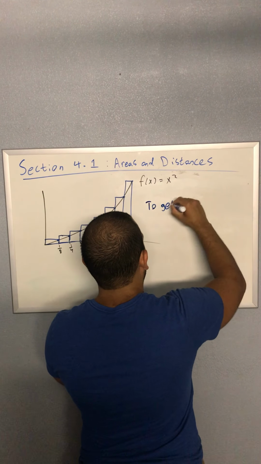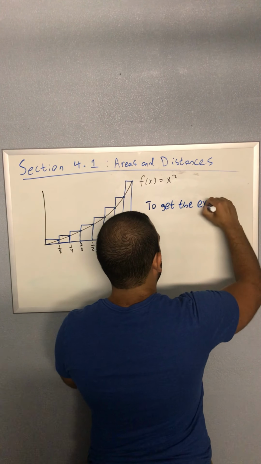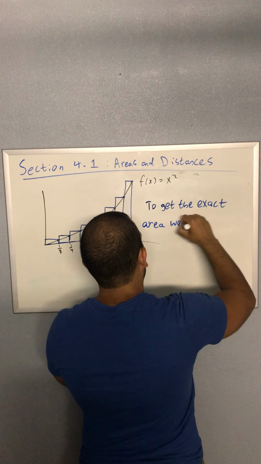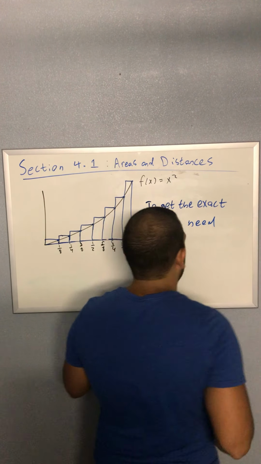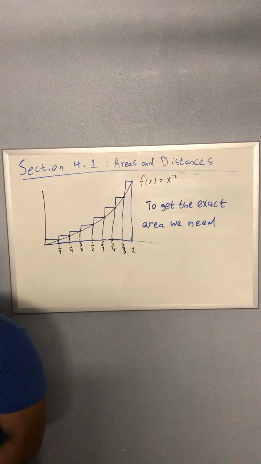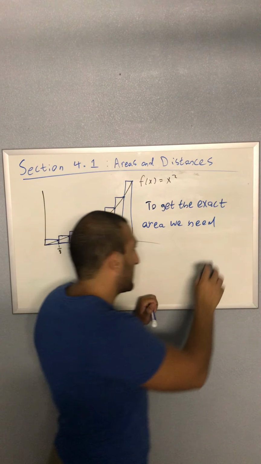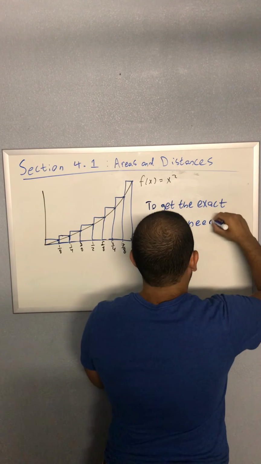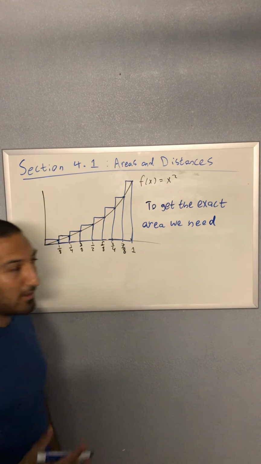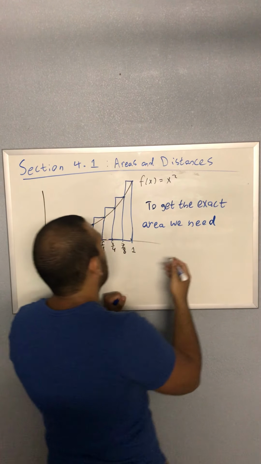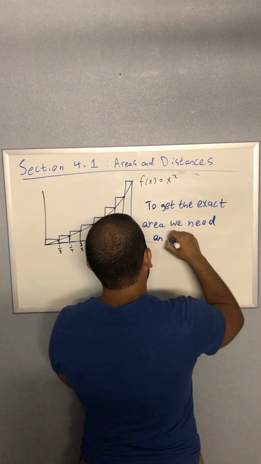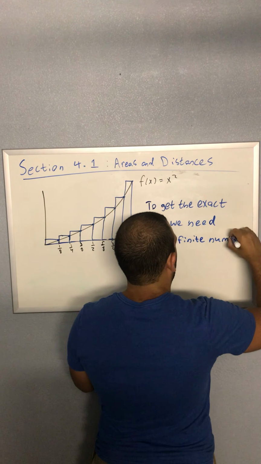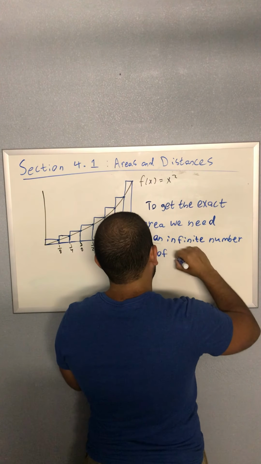To get the exact area, how many rectangles do you think you would need to have the exact area? And because it's calculus, you probably already know it's infinite. To get the exact area, we need an infinite number of rectangles.